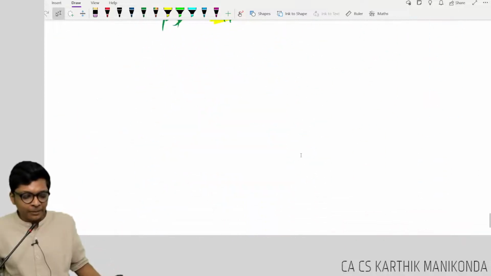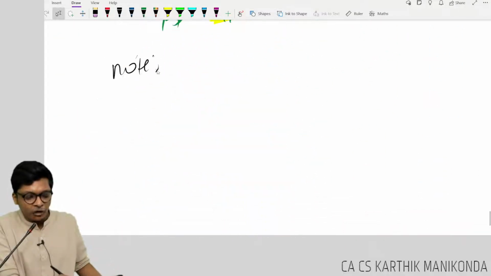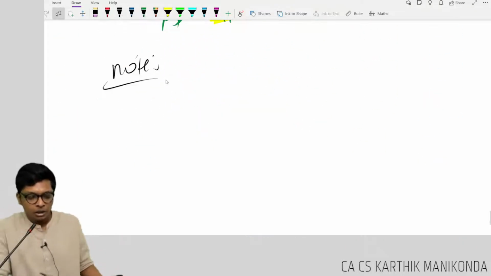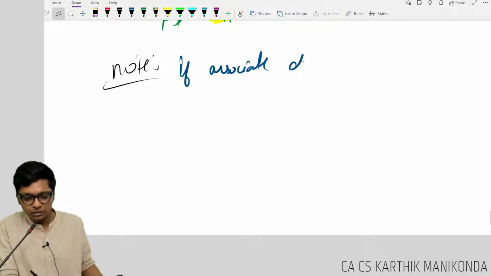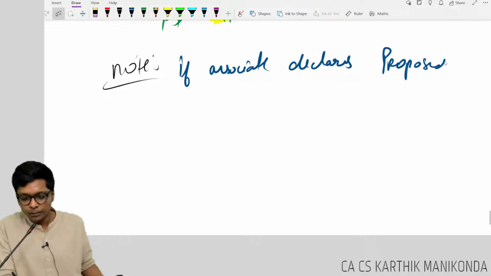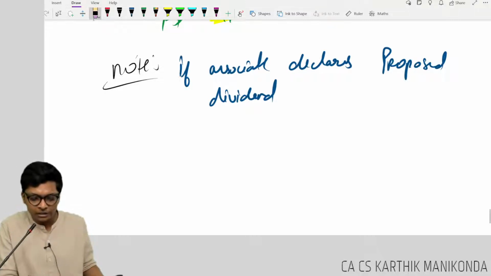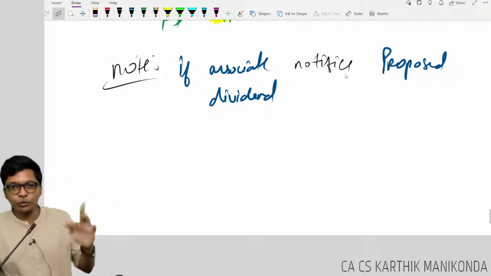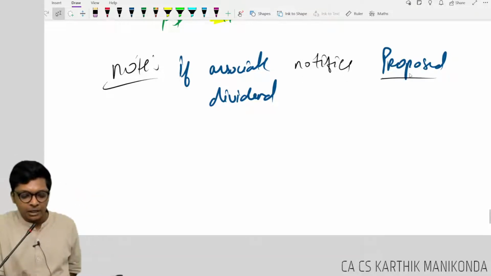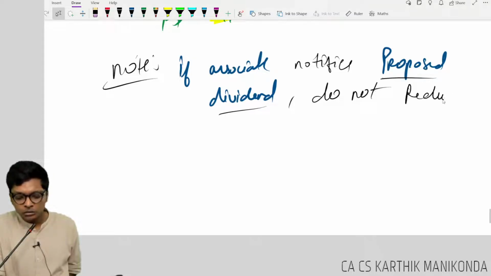So below this format, write one note. If the associate notifies proposed dividend, do not reduce.